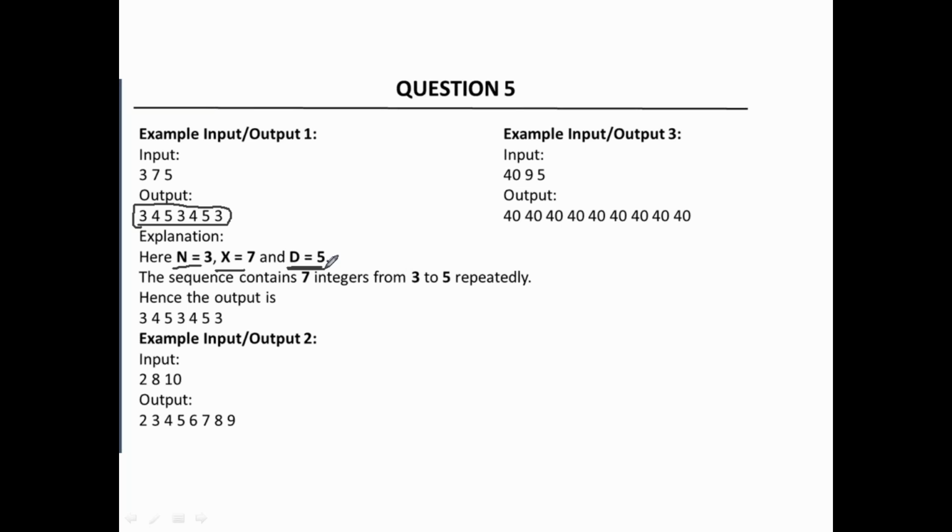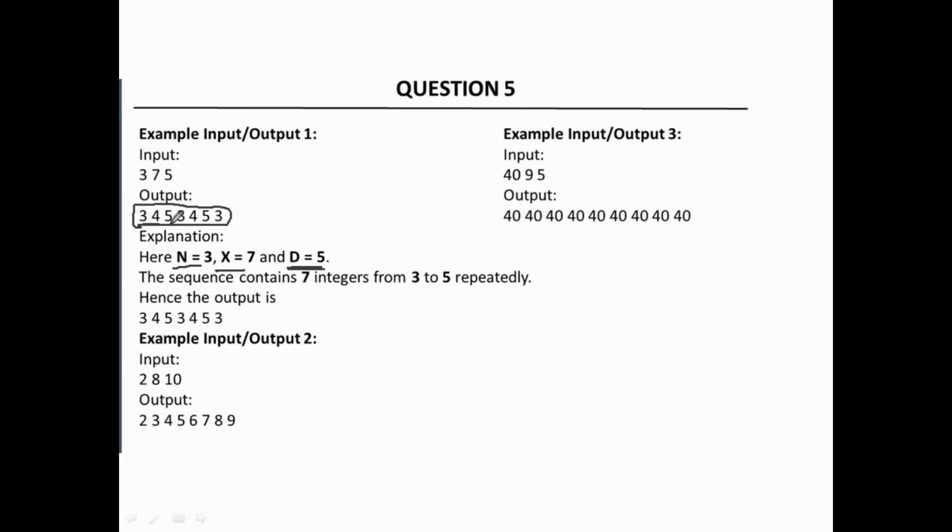So this one is the stop value. See, we start printing from 3, so we print 3 4 5. Next, on reaching this d value, we should start again from the first position, so 3 4 5.